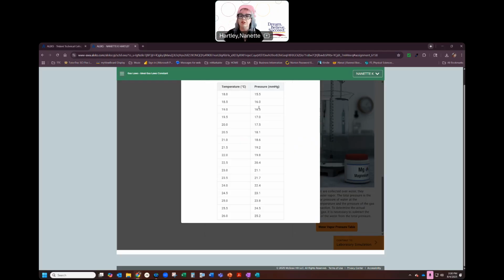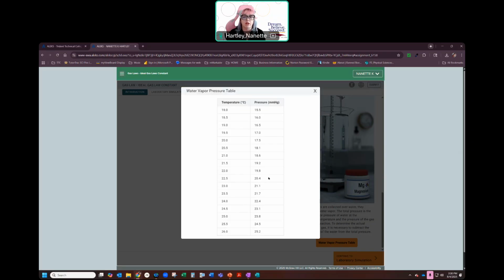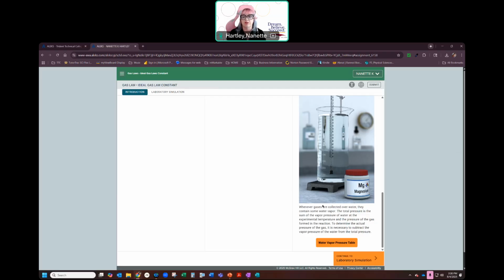This shows you at any given temperature the pressure in millimeters of mercury that the water vapor has. So we can look in this table to find out what that pressure is so that we can correct for that pressure. This is very useful to us.